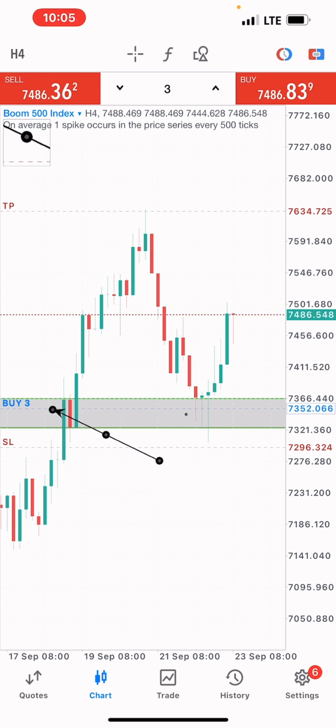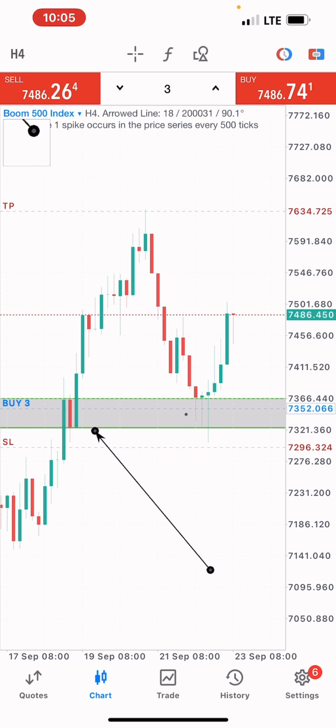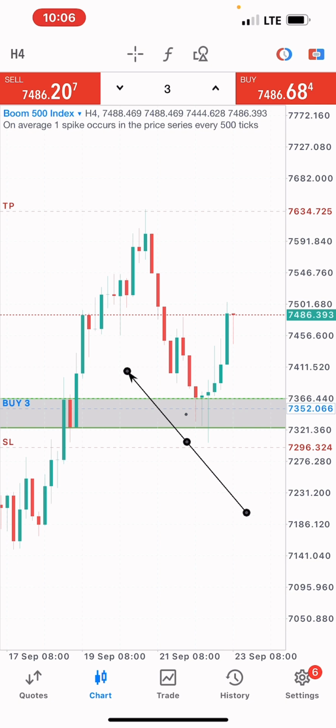A majority of the trades I've been taking use these powerful order blocks, and even the VIX 50 in the last video I dropped, I used this powerful order block to get my entries in.